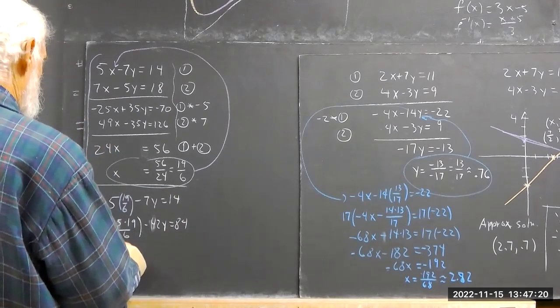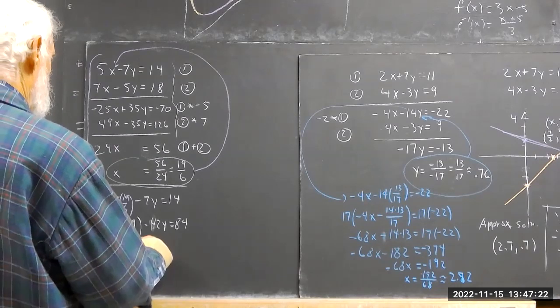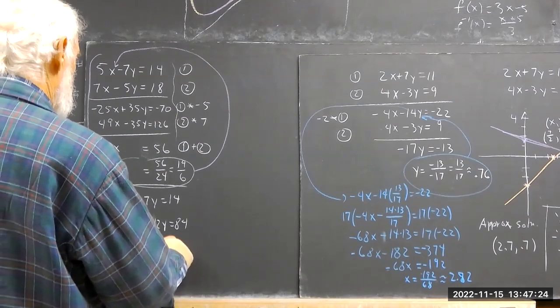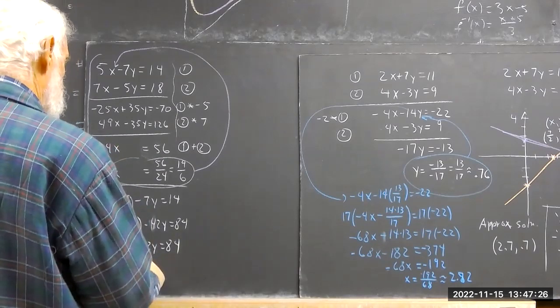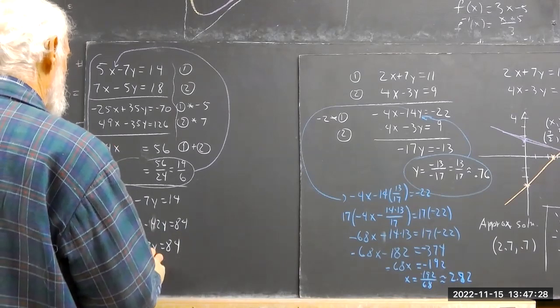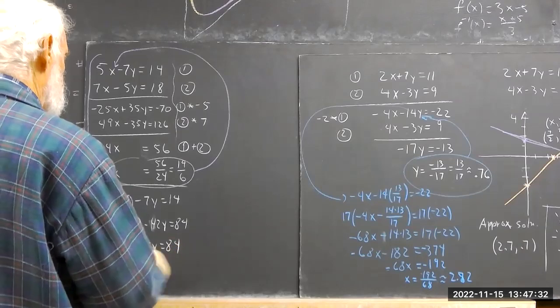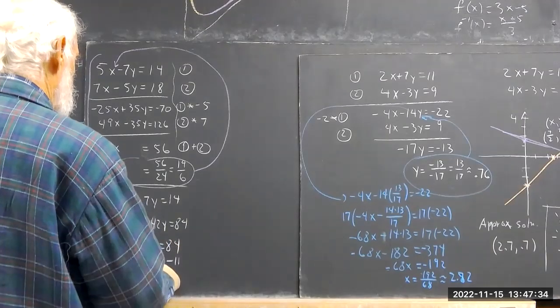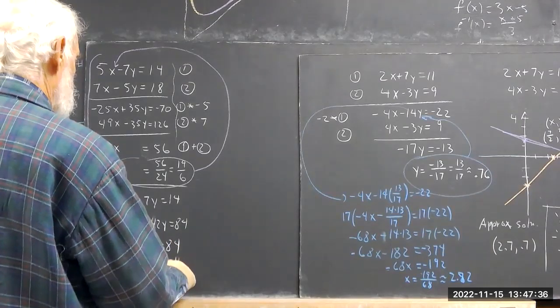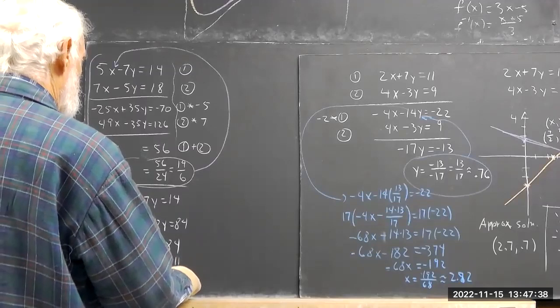And I get 95 minus 42y equals 84. So not that big. So I get -42y equals 84 minus 95, that's -11. So y is 11 over 42.